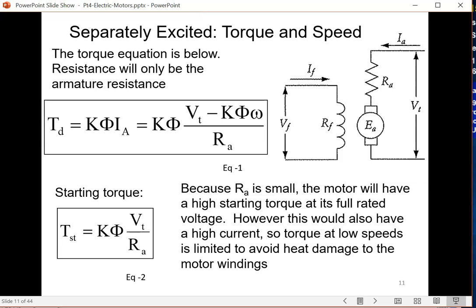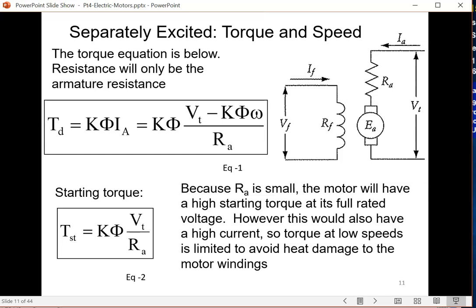The other thing that people can work out is the maximum speed of the vehicle with no load. Now, no load means we don't need any torque, so the torque equals 0. If that equals 0, then Vt will equal K phi omega, or omega equals Vt divided by K phi.